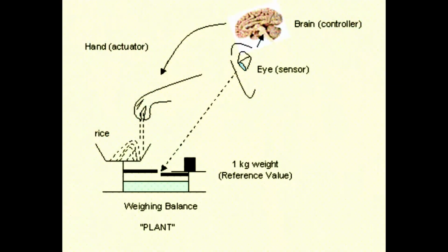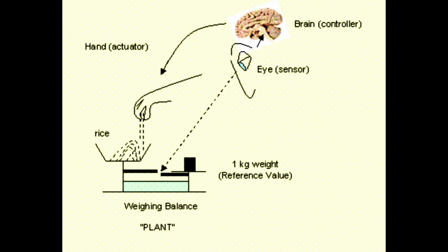Usually you pick up a fistful of rice and keep on pouring it in till the pans essentially balance out. Now, the reference weight which you put in one pan is the set point. It could be 1 kilogram in this case.